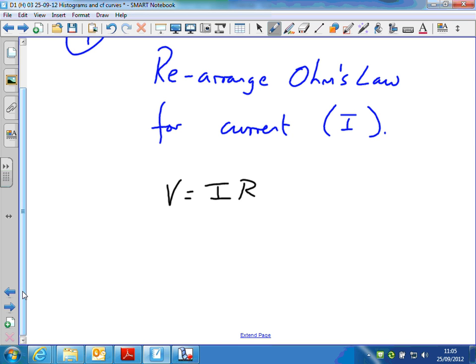I've got a formula here. The left and the right-hand side are equal to each other. So V equals IR, an obvious statement. In algebra, if I've got something like this with an equal sign in the middle, I can do anything I like to one side, so long as I do the same to the other. So I could add some constant to that side, so long as I add it to the other side.